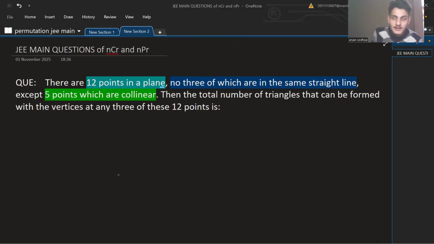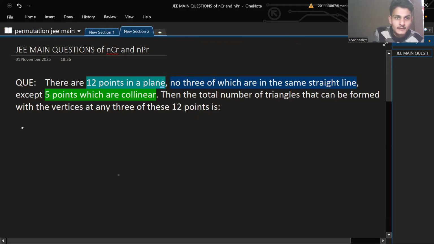You need to answer me which scenario is implied in this question. Like 5 points are in a line and the other 7 points are like this.